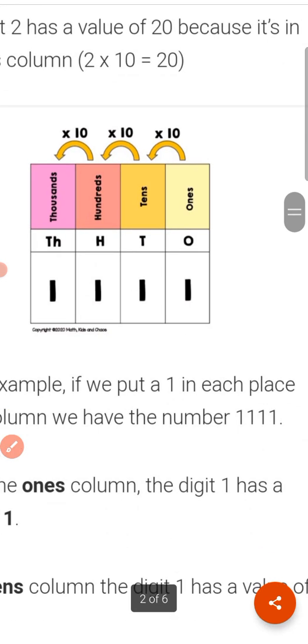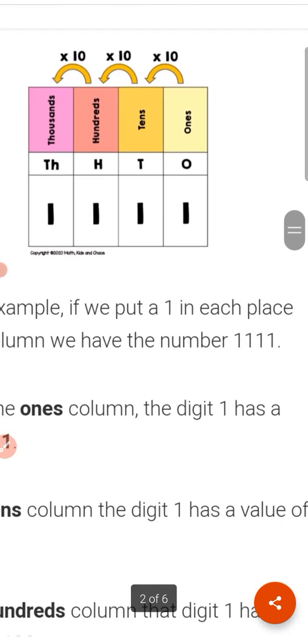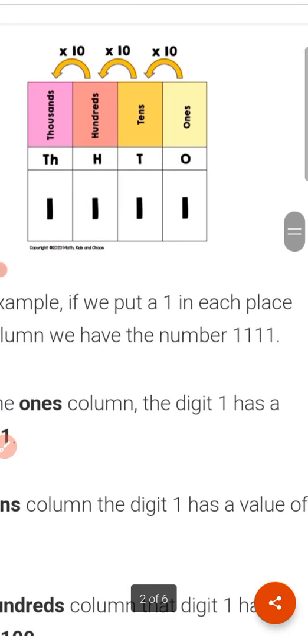Let me explain one more example. Here we put a 1 in each place of the column. In each place of the column, the digit is 1.